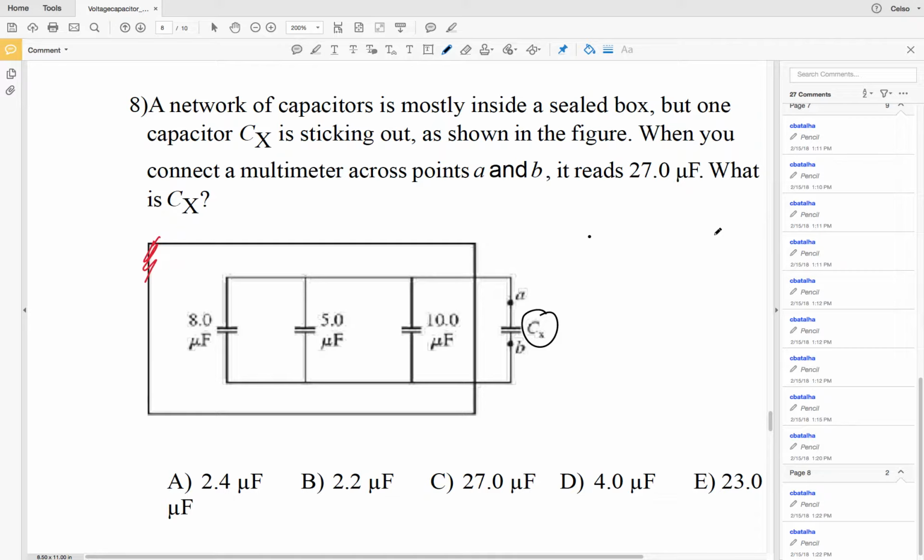It looks complicated, right? But when you bring the concepts into perspective, it's simple. The sum should be 23. 10 plus 10, 5 plus 5, 8, 23. Oh yeah, it should be 4 microfarads. So CX should be 4 microfarads. All good?